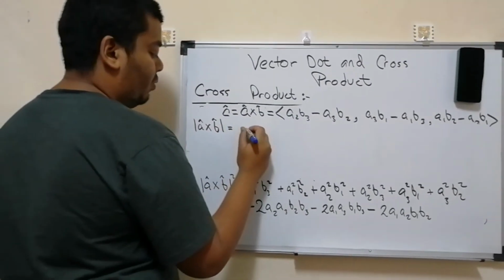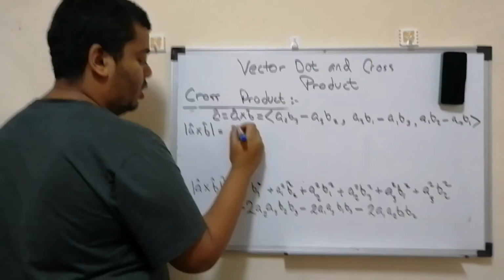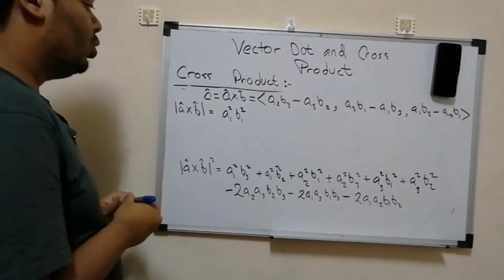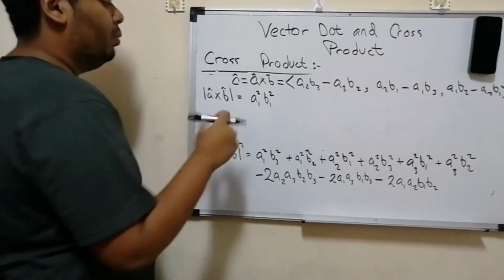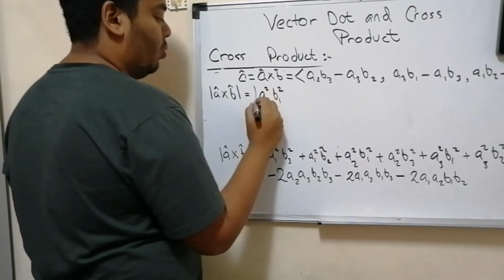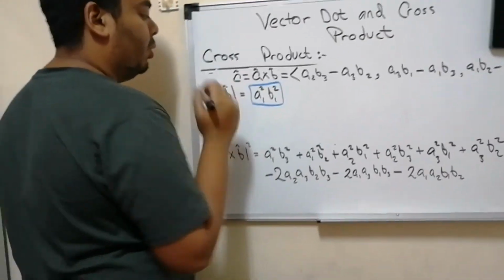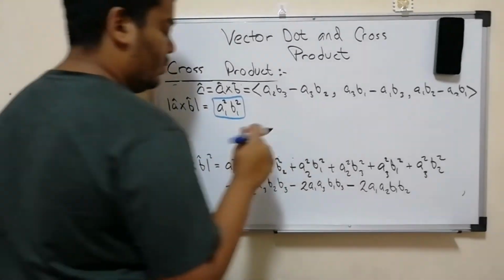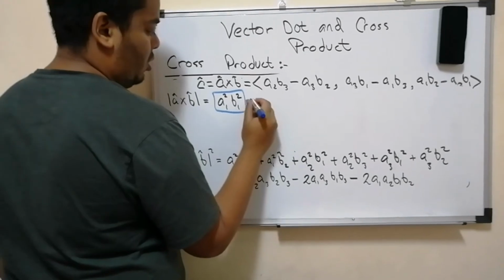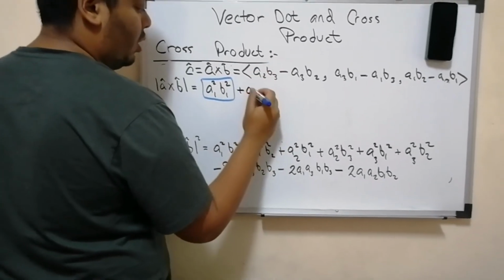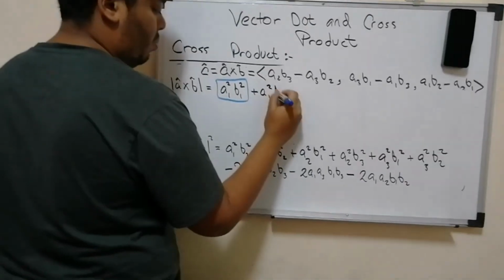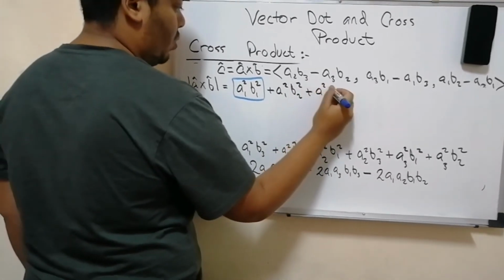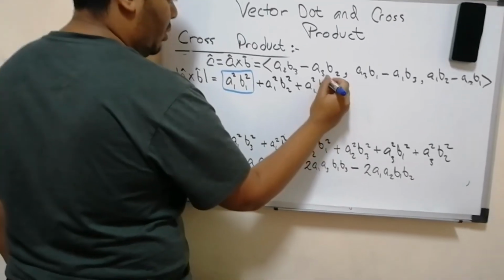My first term is A1 square B1 square. So that we can keep track that this is a new term, I will box it in blue. Plus A1 square B2 square plus A1 square B3 square.